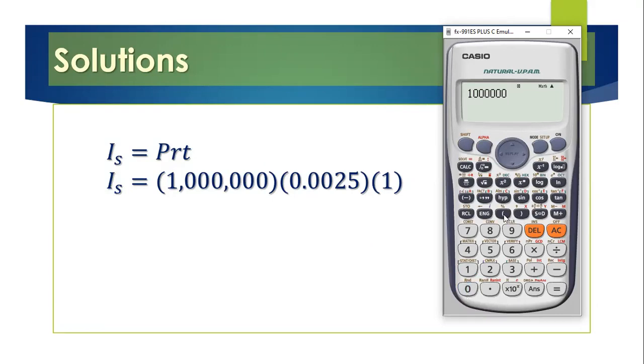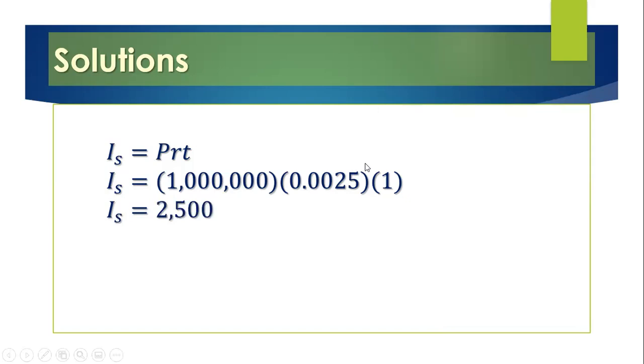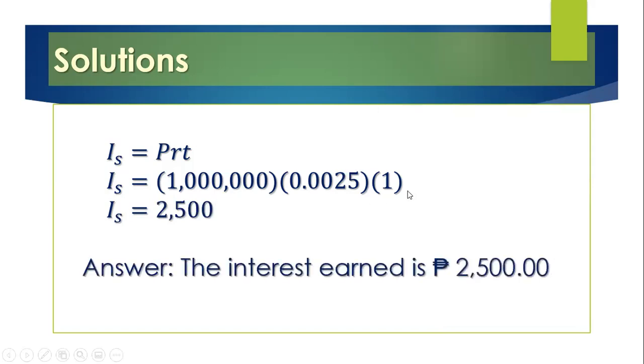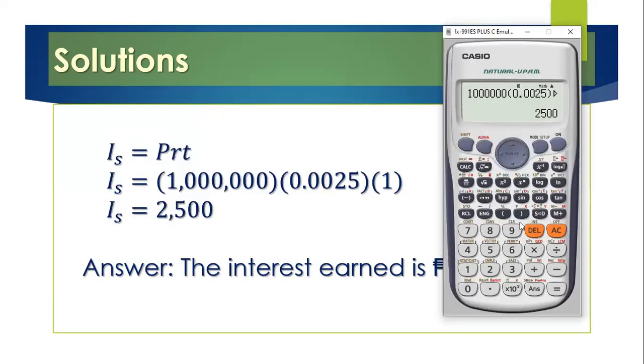Okay, that's 1 million times 0.0025 times 1. So ang interest ay 2,500. Okay, so the interest earned is 2,500. Okay, so that is for simple interest lang.